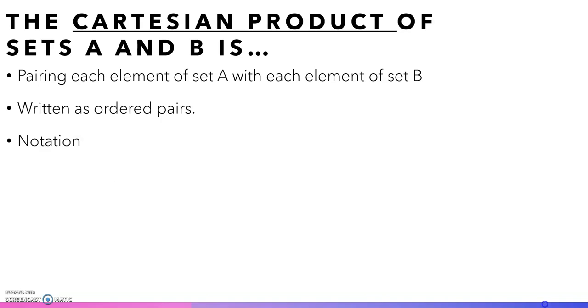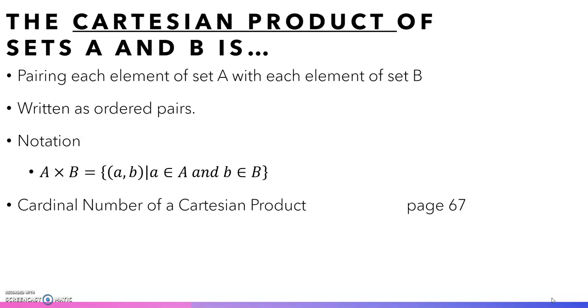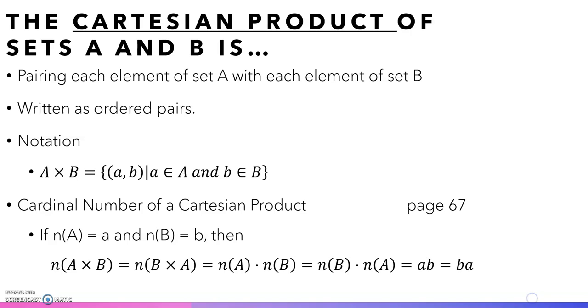The notation: A cross B equals the set of ordered pairs (a, b), such that a is an element of set A and b is an element of set B. The cardinal number of a Cartesian product: if the number of elements in set A equals a, and the number of elements in set B equals b, then the number of elements in A cross B equals a times b, which equals b times a.